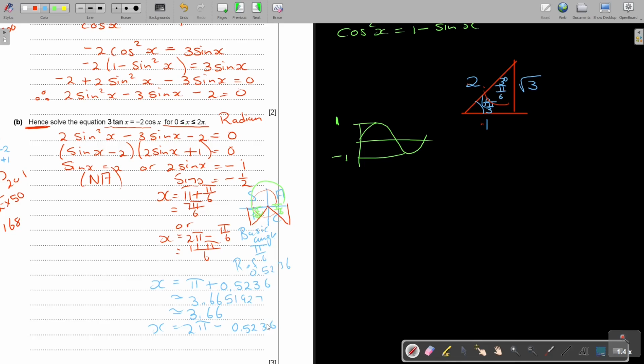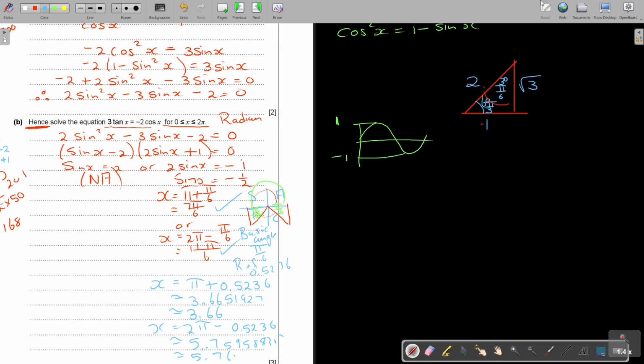So 2 multiply pi minus 0.5236, and that would be equal to 5.759585307 on the calculator display, but to 3 significant figures it will be 5.76. Okay, so that works. Oh, this is excellent. Then you will get full marks.